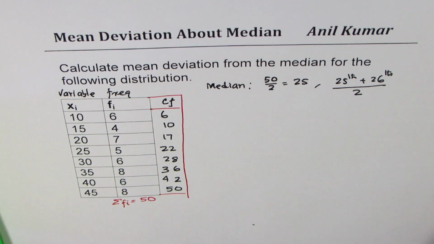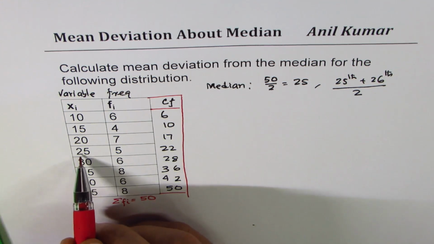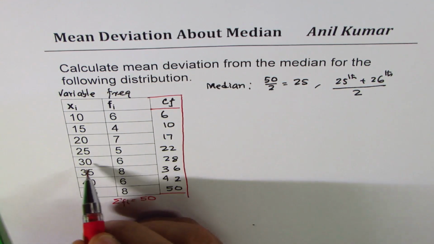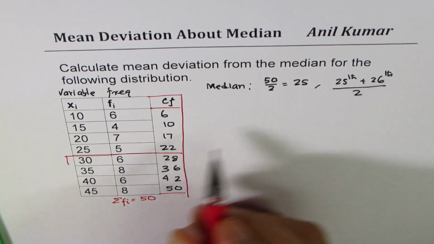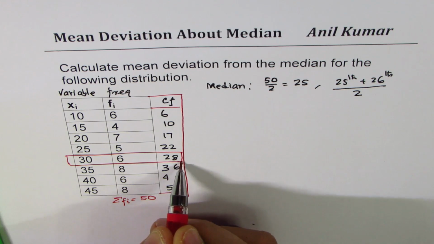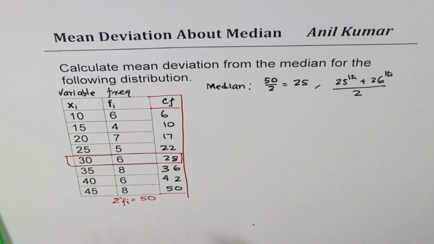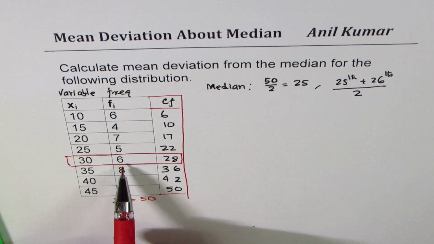In the table, as you will notice, cumulative frequency is 22 for this group. So the element where the 25th and 26th terms will come will actually lie in this group, correct? So when the variable value is 30, there are 6 data points.